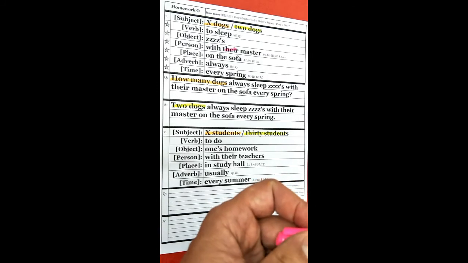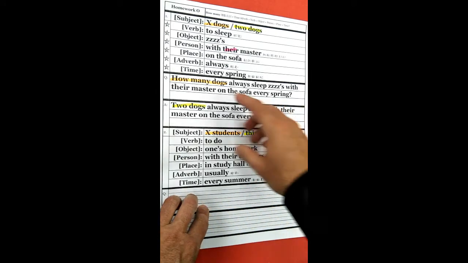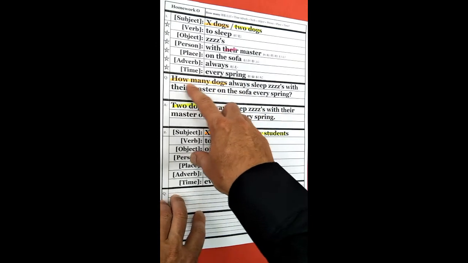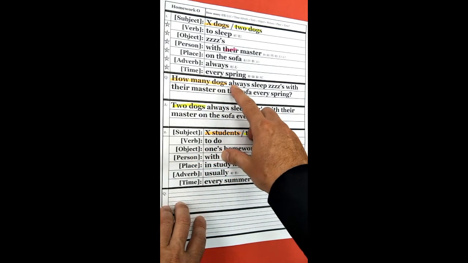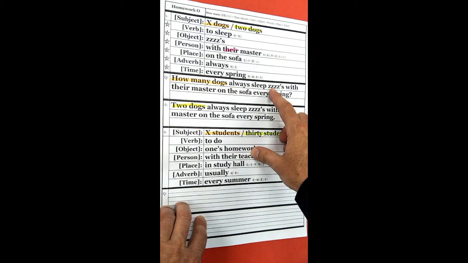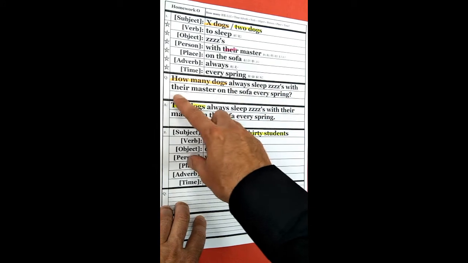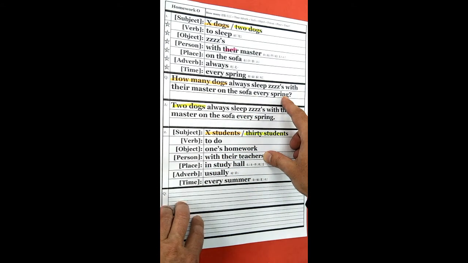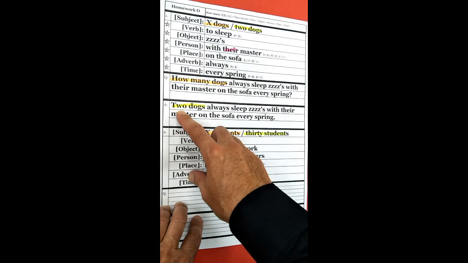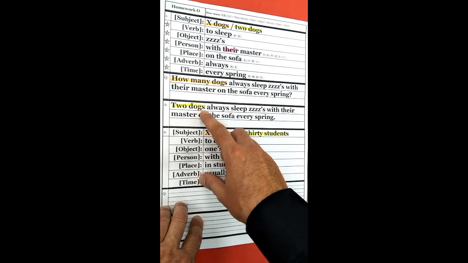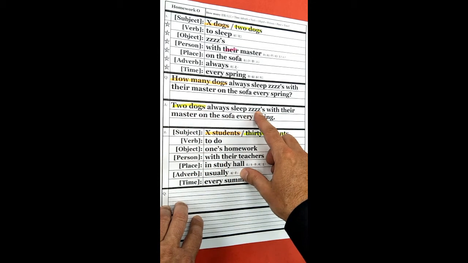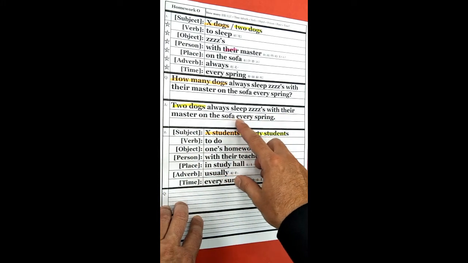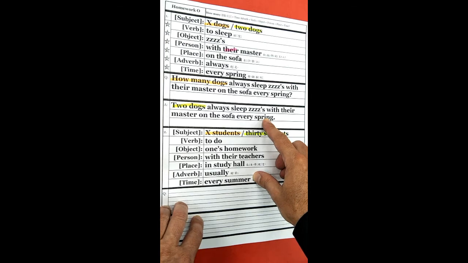Adverb, always. Time, every spring. How many dogs always sleep Z's with their master on the sofa every spring? Answer: 2 dogs always sleep Z's with their master on the sofa every spring.